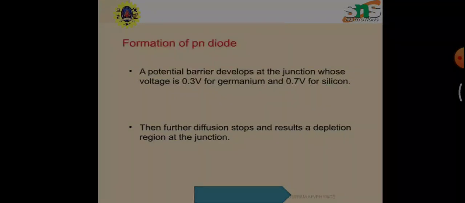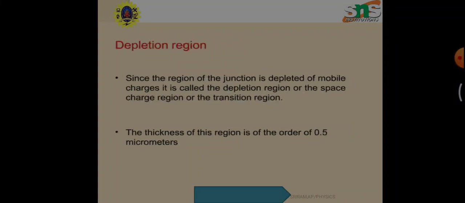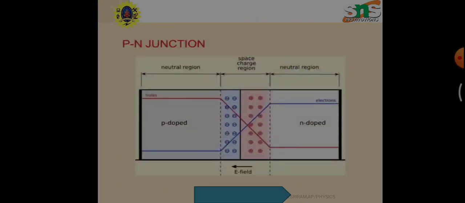Then further diffusion stops, resulting in the depletion region at the junction. Since this region of the junction is depleted of mobile charge, it is called the depletion region, or the space charge region, or the transition region. The thickness of the region is of the order of 0.5 micrometers.